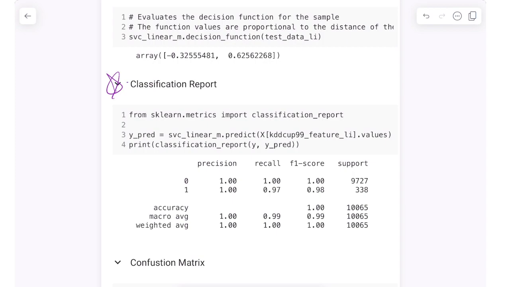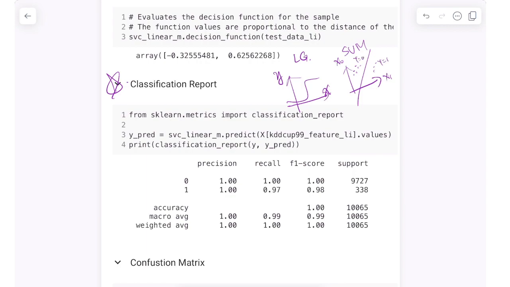Logistic regression is trying to find a fitting line, a sigmoid fitting line, right? That is y, that is x. But SVM is a little bit different. We're trying to find a boundary line.